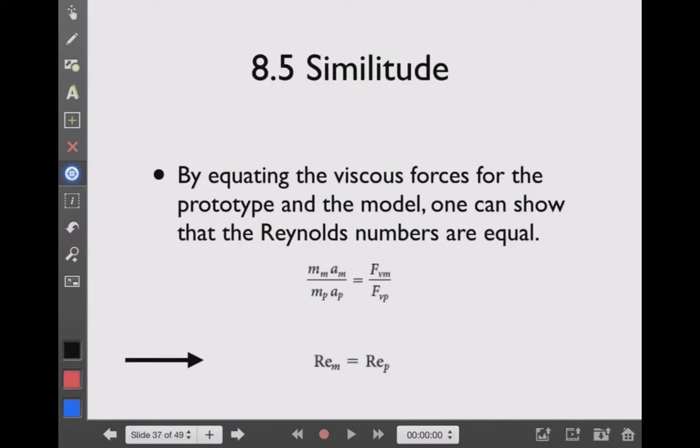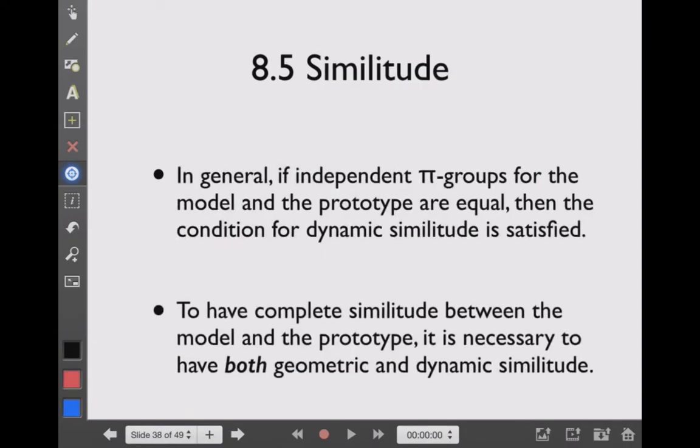Switching gears here, we can also show for a different problem, by equating the viscous forces for the prototype and the model, that the Reynolds numbers are also equal. I'm not going to show this derivation, but you can do a similar thing and show that the Reynolds numbers are equal for the model and the prototype. This is frequently done.